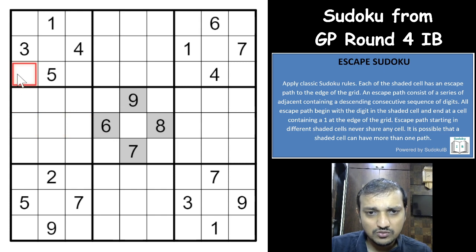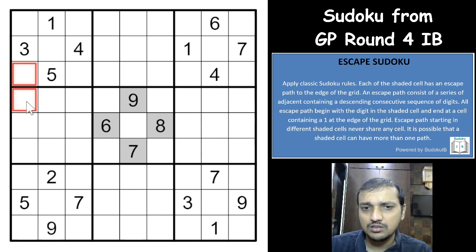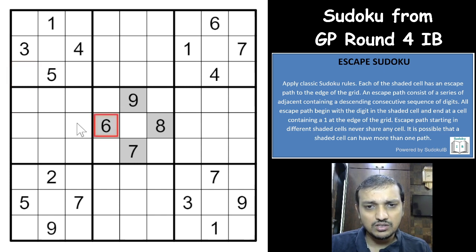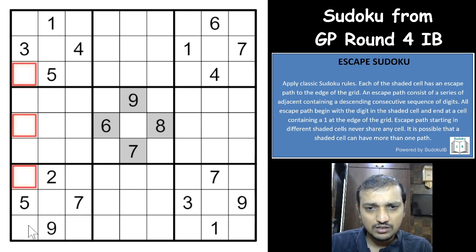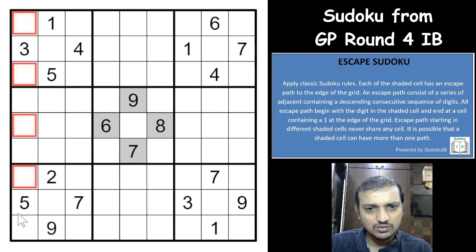Wherever you get a 1, the alternate cell will never be the cell that ends a path. So for this 6, the only possible places for the 1 would have to be either this or this.